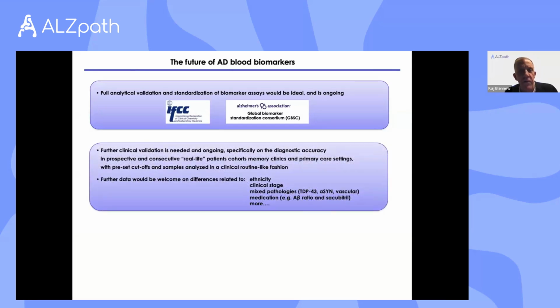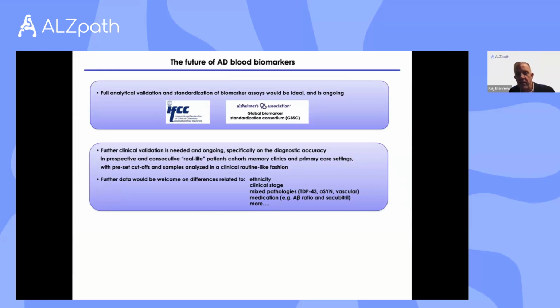We also need further studies, I think, especially prospective and consecutive studies in real-life patient cohorts at memory clinics or in primary care, where you have preset cutoffs and samples analyzed in the same fashion as you do in clinical routine. I think we need a little bit more data on possible differences related to, for example, ethnicity, clinical stage, as I talked about, mixed pathologies, what that will do, medication.